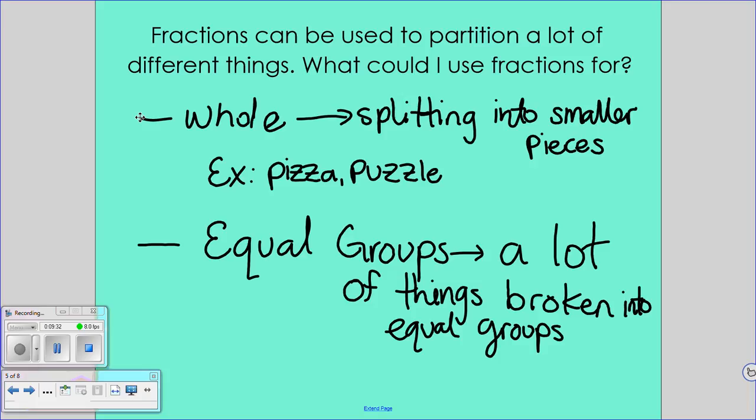No, I'm not going to cut you guys up. That would be weird. But you can use fractions to separate things into equal groups. We already know how to do that. We just call it division. It's the exact same skill. Okay?